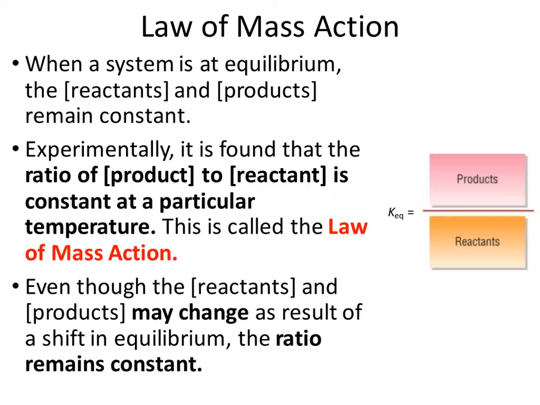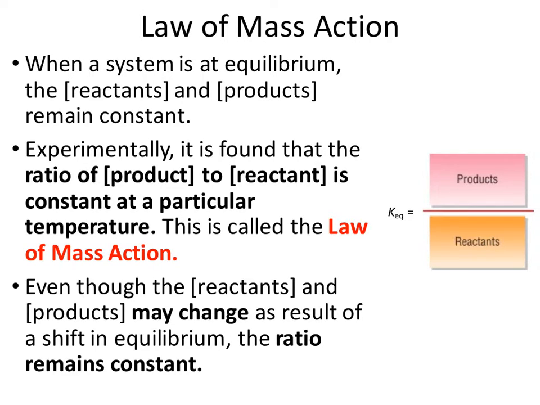Now, we can see this in this little diagram over here, where we compare our concentration of products to our concentration of reactants, and we call this KEQ. Now, this KEQ is our equilibrium constant, and that's what we call this ratio between the concentration of our products and the concentration of our reactants.